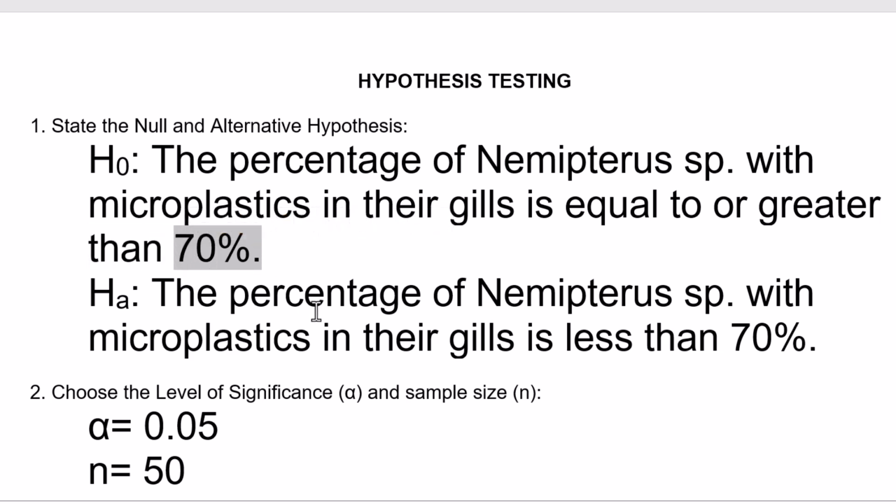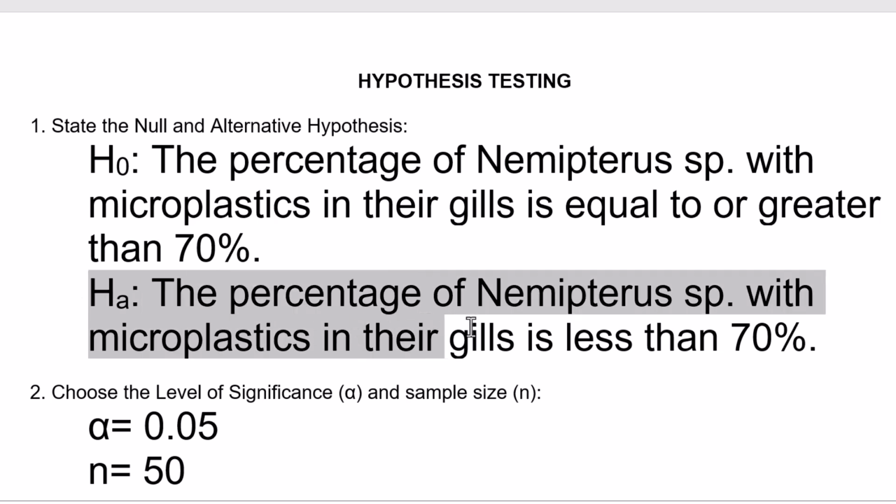Nag-worry din yung mga nagbibenta ng isda na baka bumaba yung kanilang sales because of this finding. So, you need to check kung totoo ba talaga yung claim. Otherwise, kung hindi pala totoo, our alternative hypothesis is that the percentage of Nemipterus sp with microplastics in their gills is less than 70%.